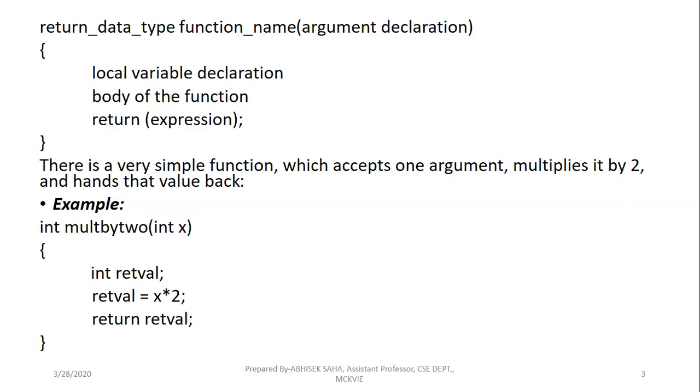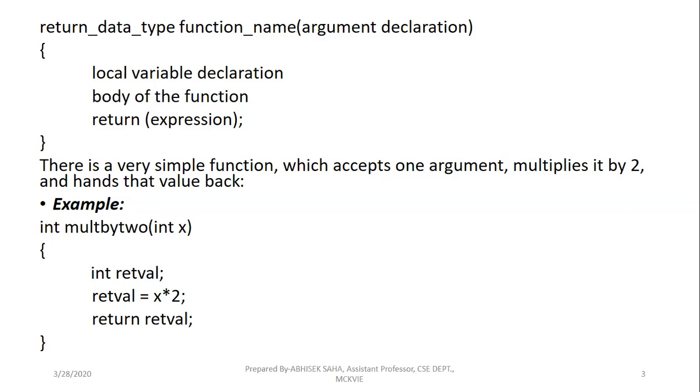The meaning is that retval is unknown to all other functions except this function mult by 2, because you declared retval inside the mult by 2 function. So that's why in the general syntax, the first line in the declaration part is written as local variable declaration.